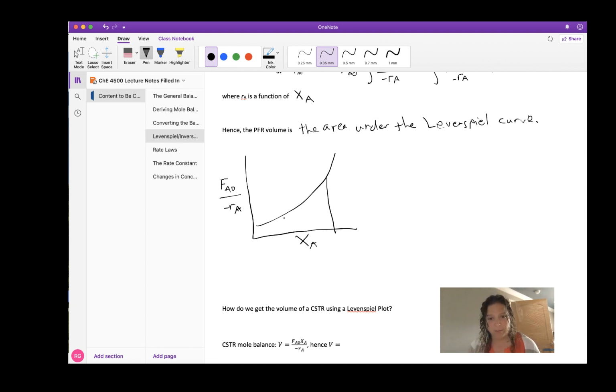The PFR volume is going to be the area under this curve. If I take that integral, or maybe do some sort of summing technique to numerically get the area under that curve, that is going to give me my PFR volume.